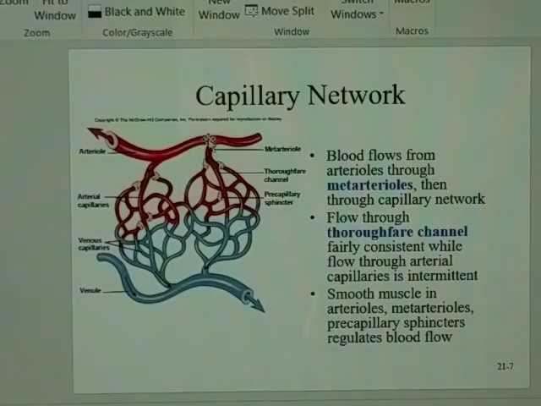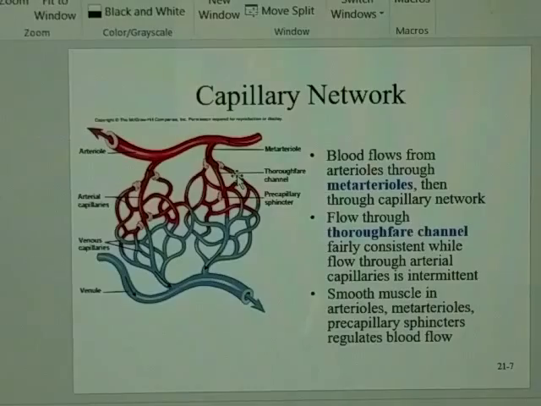As we go from something that was really large down to something smaller, to the point of the capillary bed, the blood flow is moving into this arteriole. Note that off of that arteriole we have something called a metarteriole. It's even smaller than what's already small coming into that capillary network.